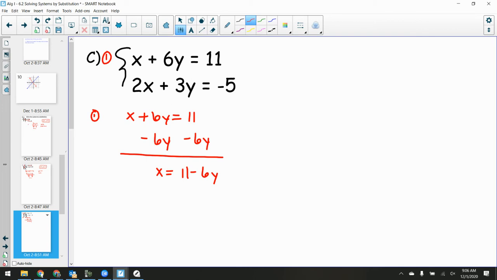Okay, now, we had equation 1. We manipulated equation 1. So now I have to plug that into equation 2. Okay? This goes in for x in equation 2.